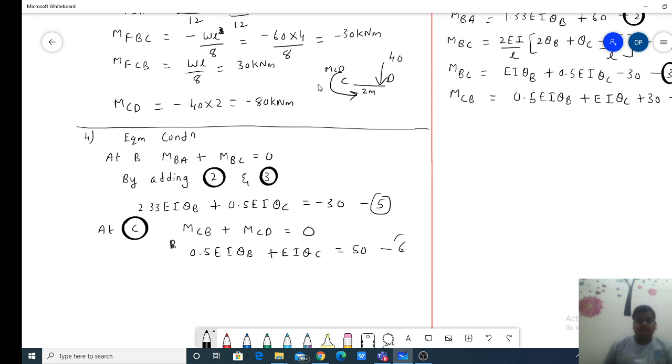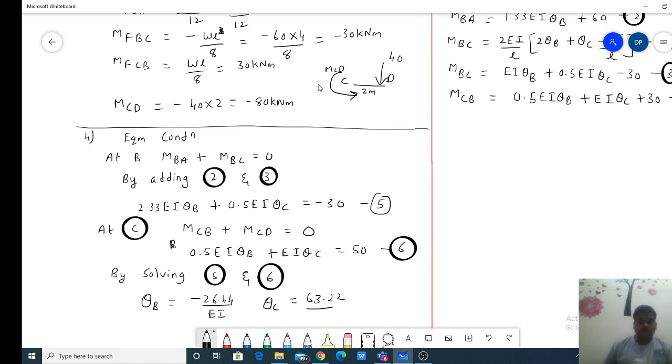Now by solving equation number 5 and equation number 6, directly you will be getting the value of theta B. So theta B comes out to be minus 26.44 upon EI, right? And theta C comes out to be 63.22 upon EI, right? So these are the values of theta B and theta C.